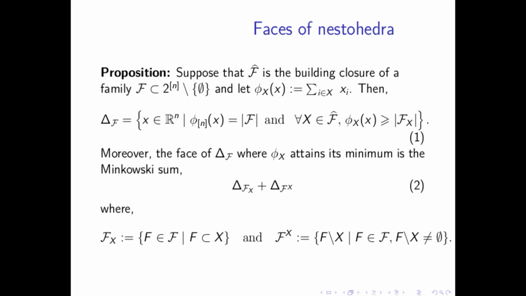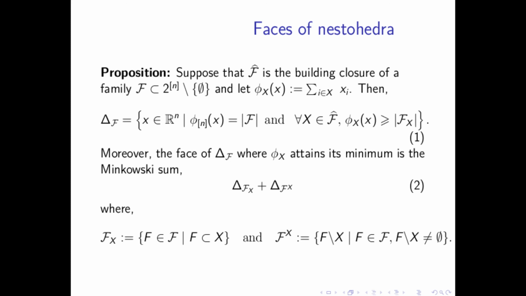But then, in order to understand better this convex polytope, you take what is called the building closure of this family, and then this building closure is easy to handle, and then you can express, for example, this polytope not only as a Minkowski sum, but also in terms of inequalities and one equality. And this number 2, this is the face corresponding to some linear function. So this is just saying that you can handle this without problems.